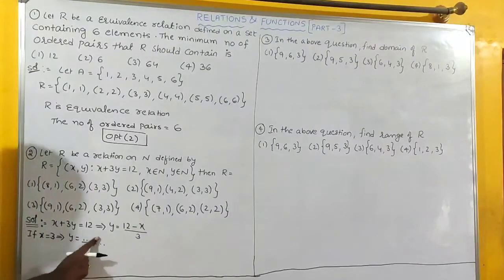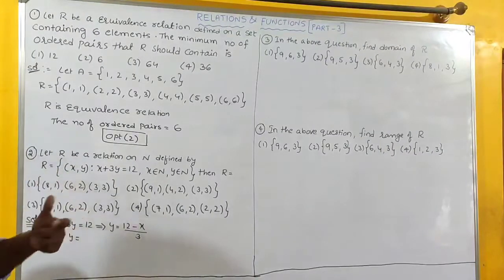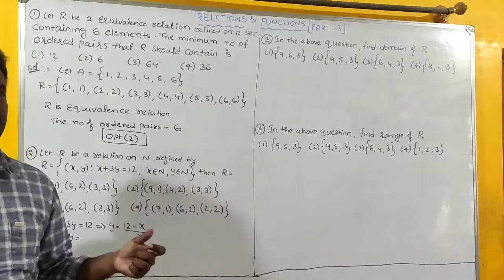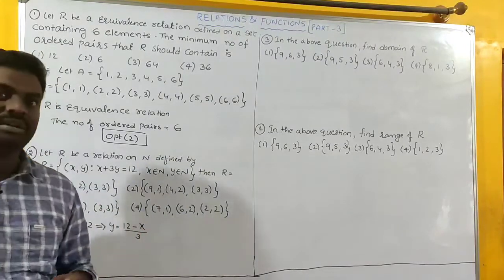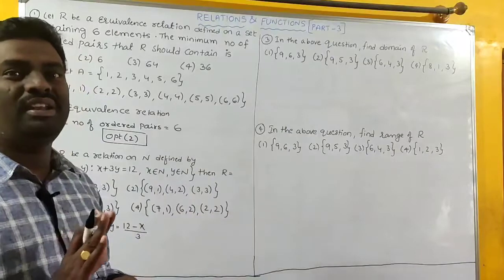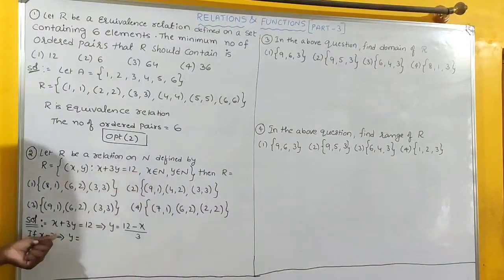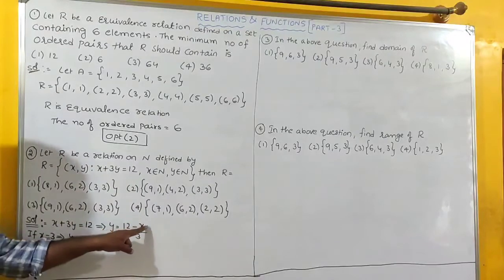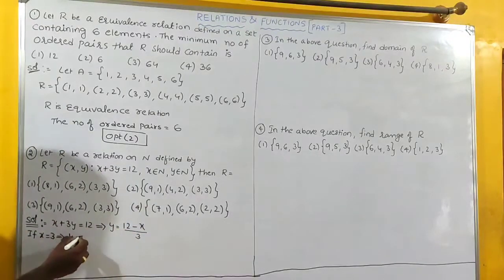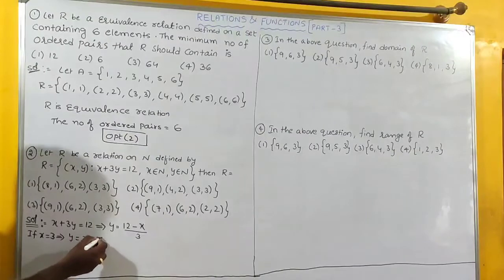Understood why I am not taking (1, 2)? If you take x value 1, y value is not a natural number. If you take x value 2, y value is not a natural number. Both should be natural numbers, that's why. If you take x value 3, substitute 12 minus 3, 9, 9 by 3, 3. So both are natural numbers.